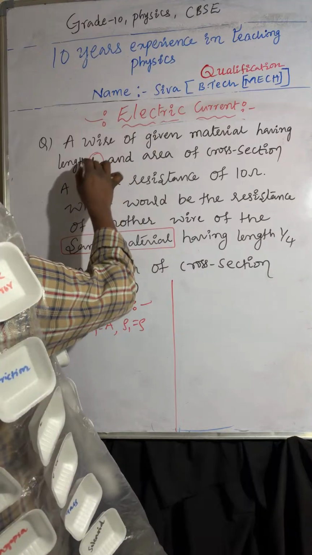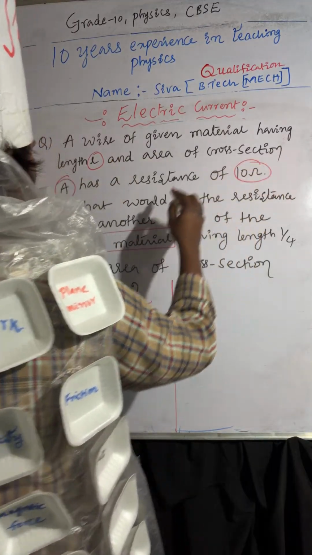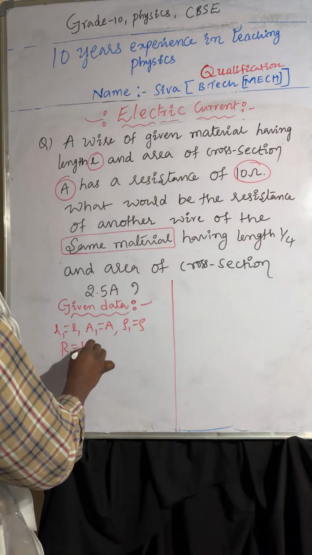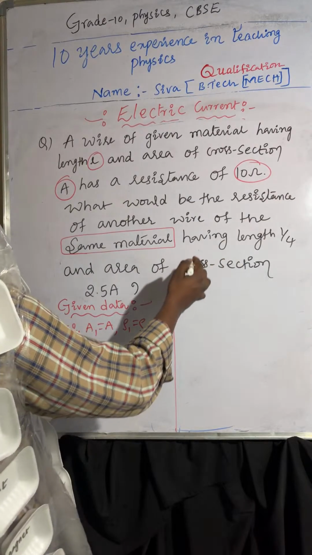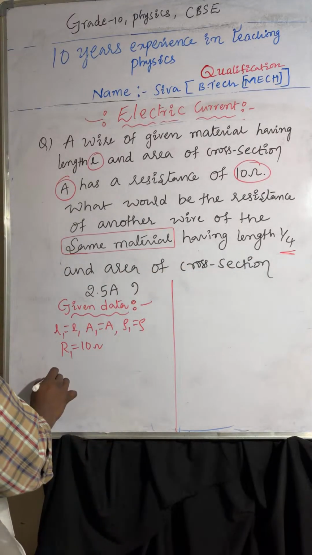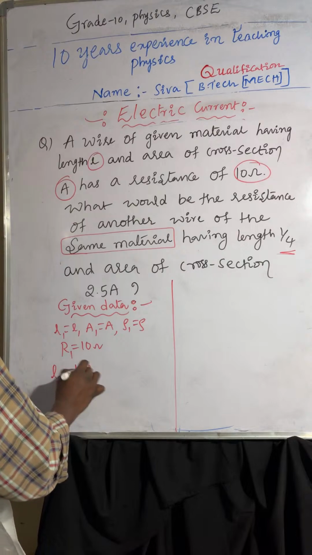Length is L, area of cross section A, and the resistance is R1 equal to 10 ohm, right? Now we can take another wire having length 1 by 4. Length is L2 equal to 1 by 4 L.